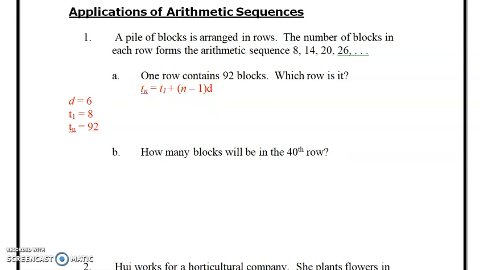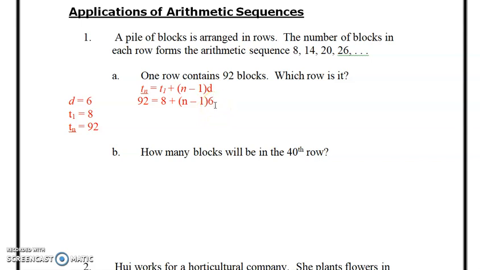So let's fill in what we know. Well, we know that we have 92. That's equal to the first term, which is 8, plus bracket n is what we're looking for, minus 1 multiplied by 6. Sorry, I said 8 at first, it's 6. My apologies.